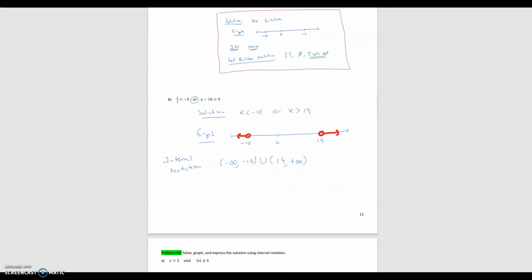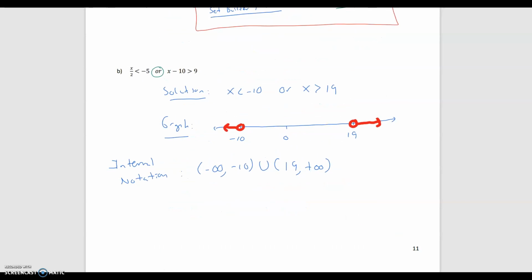The last one is the set builder notation. So for the set builder notation, it'll be the set of x's such that, and then x is less than negative 10, or x is greater than 19.